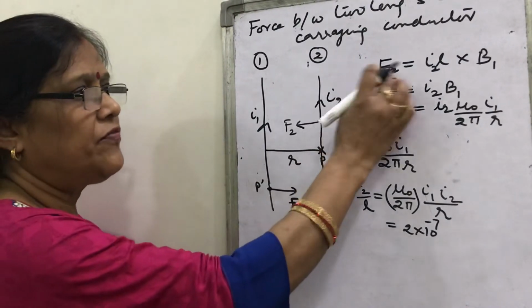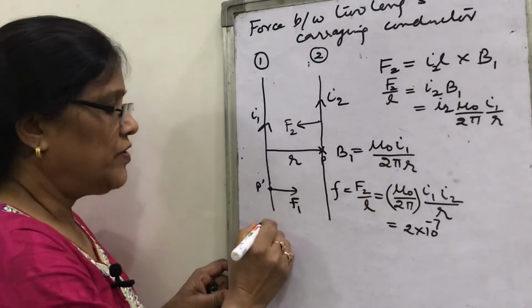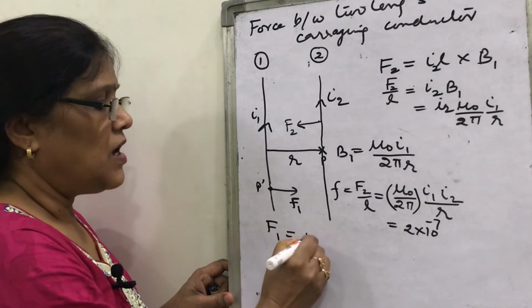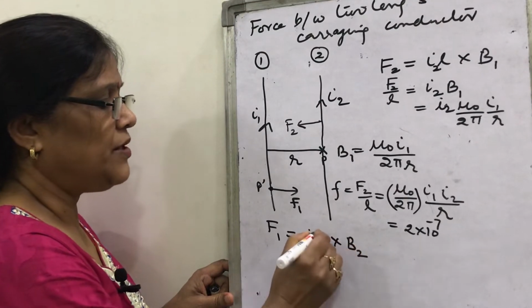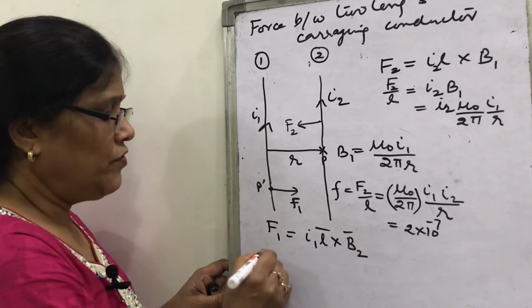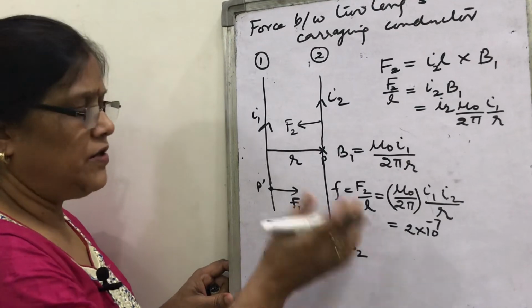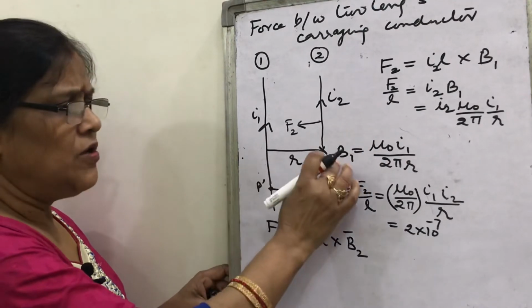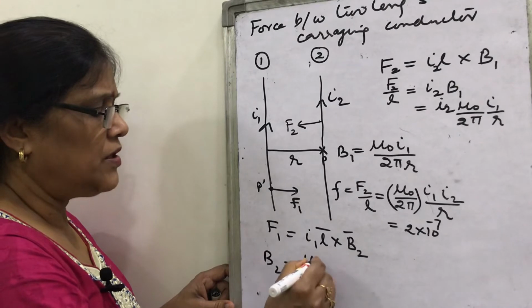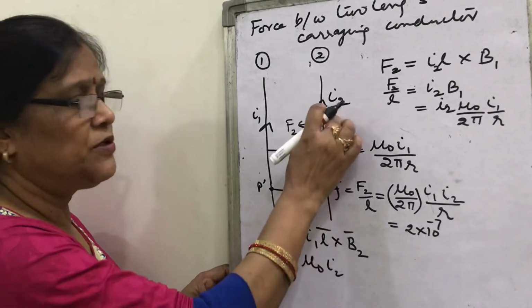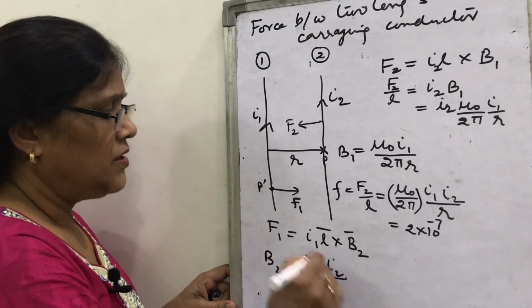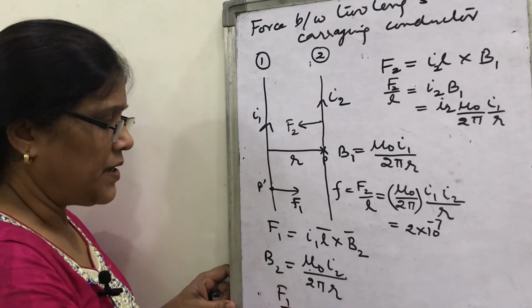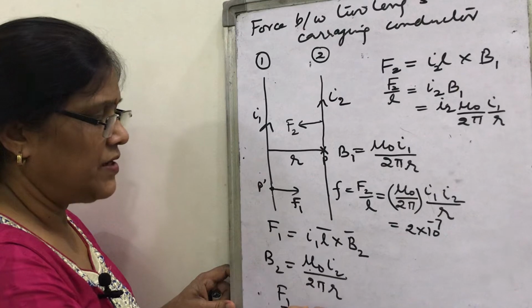Same as F2 equals I2 L cross B, what will you write here? F1 equals I1 L cross B, and what will be B? B2. What will be B2? Need not write again, I am writing here. B2 is produced due to the second wire, so B2 will be mu naught I2 upon 2 pi R. So what will be F1 by L? What will you get?